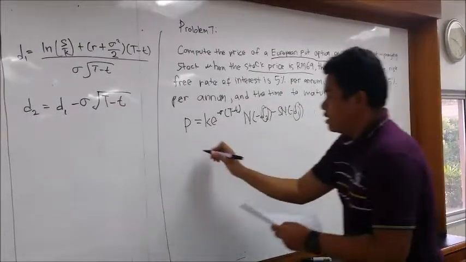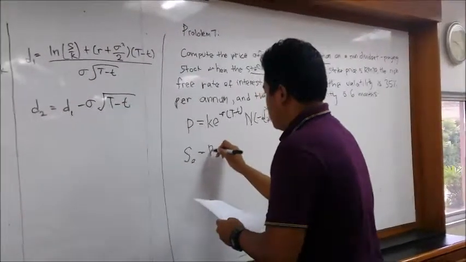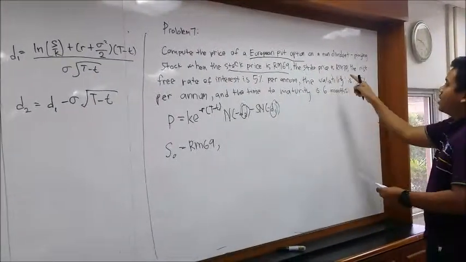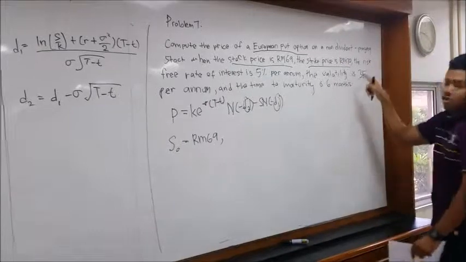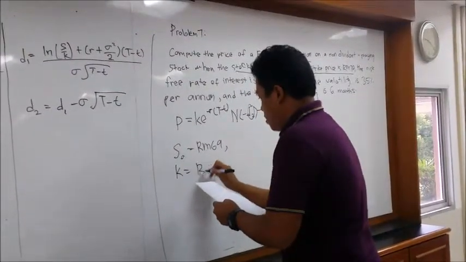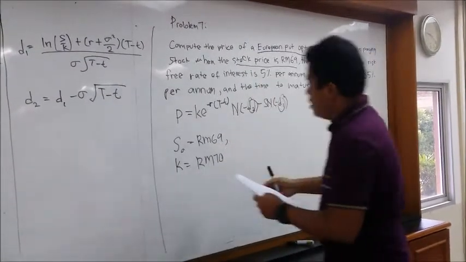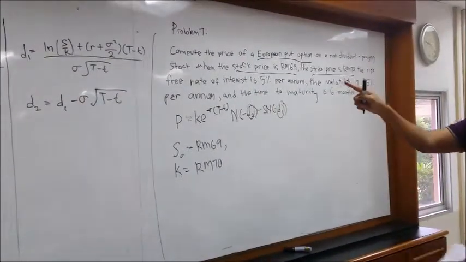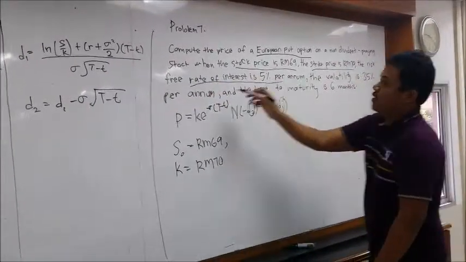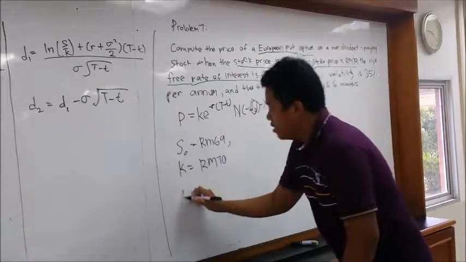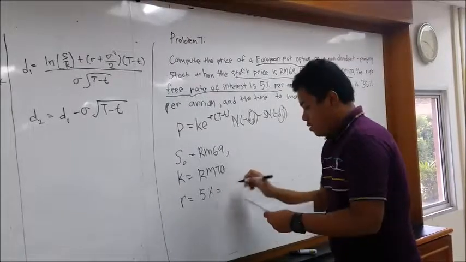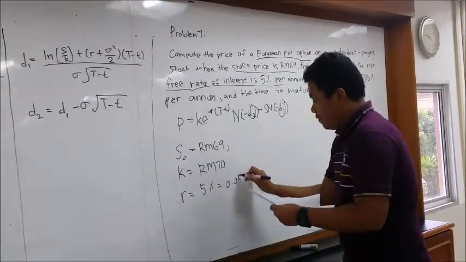So we denote it as S equal to RM 69, and then the strike price is 70 ringgit, and we denote it as K. Again, the risk-free rate of interest is 5% per annum. This one is R, small r, so it is 5%, or we can write it in decimal as 0.05.